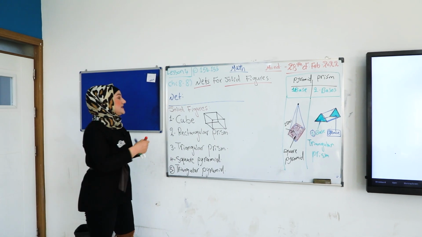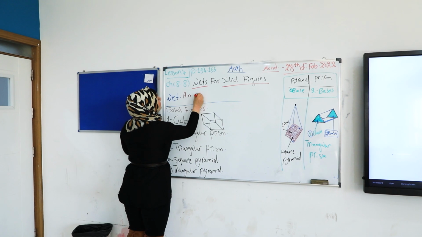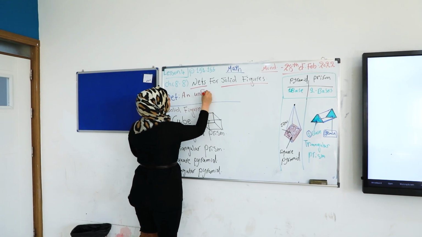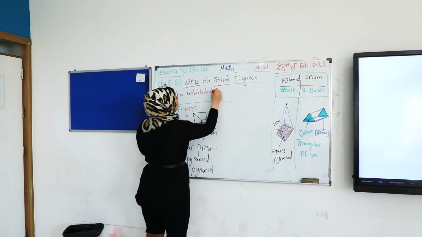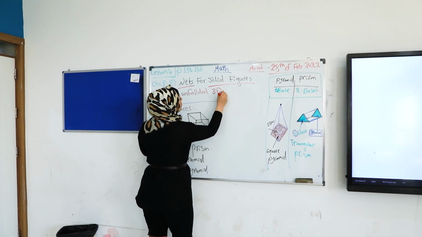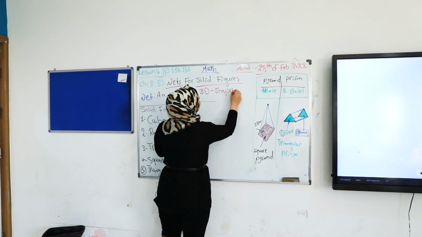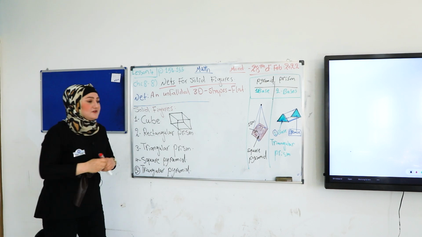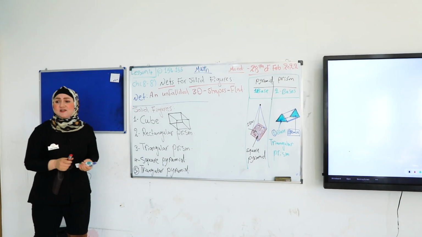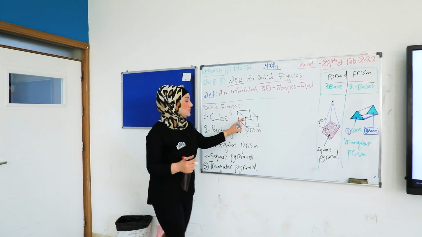What is a net? A net is an unfolded 3D shape, which is flat. Why is it an unfolded 3D shape which is flat? Why is it unfolded? I'm going to show it to you here.